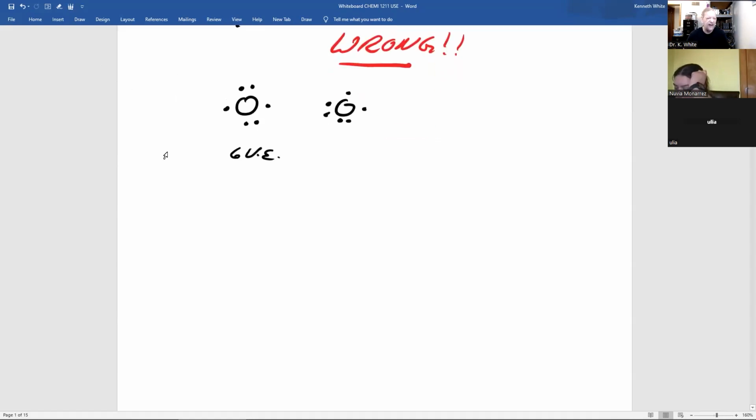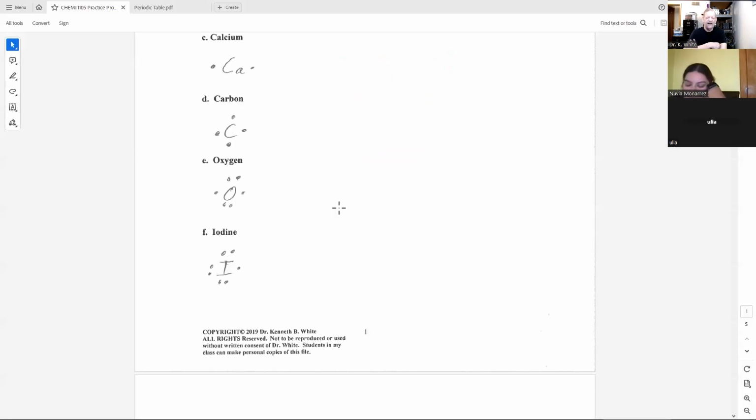And if we look at iodine, iodine has 7 valence electrons. So you put 1 dot on each side, that's 4. Then you start doubling up. And you have 3 more to go.